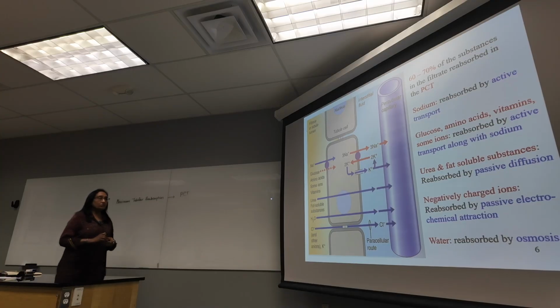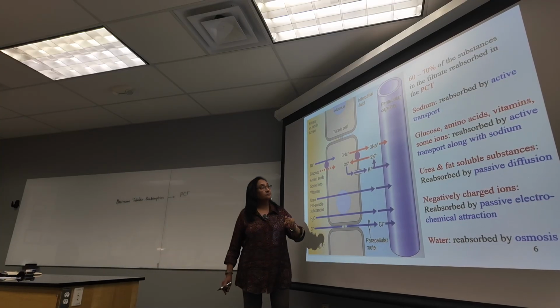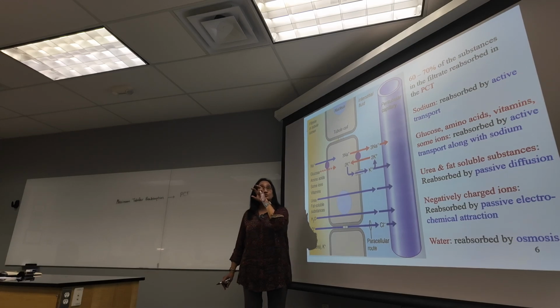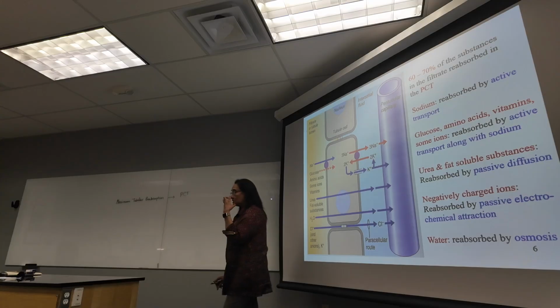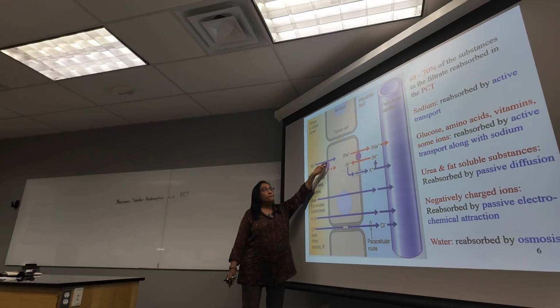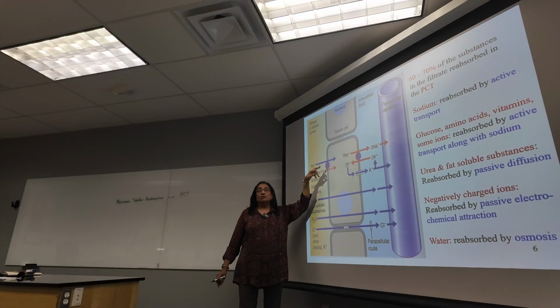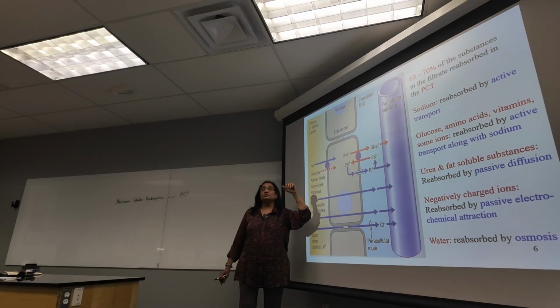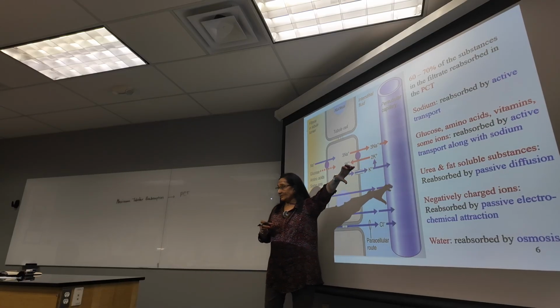Now, if you look at most of the substances that are being reabsorbed, you can see that there are transport proteins. Okay, so this circle represents a transport protein. So sodium binds to one end of the protein, glucose or amino acids or vitamins will bind to the other side of the protein, and the whole thing gets transported.